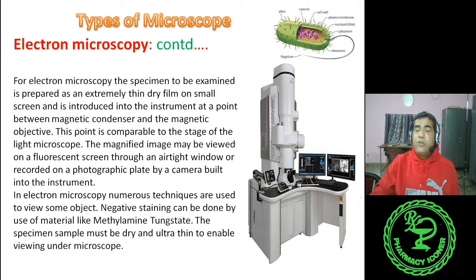It should be extremely dry, because the beam of electrons travels through a vacuum, so if there is moisture, that may interfere in the image formation. And second, the film must be very thin, because the penetration power of electrons is very low.